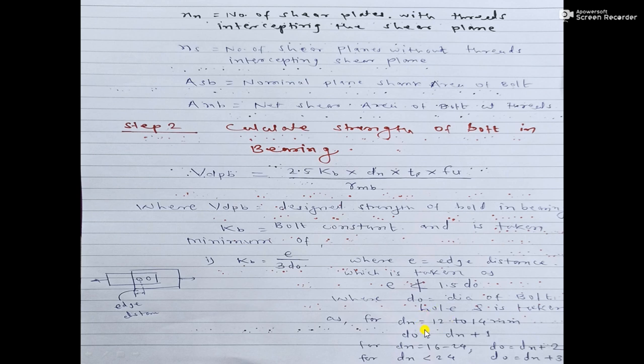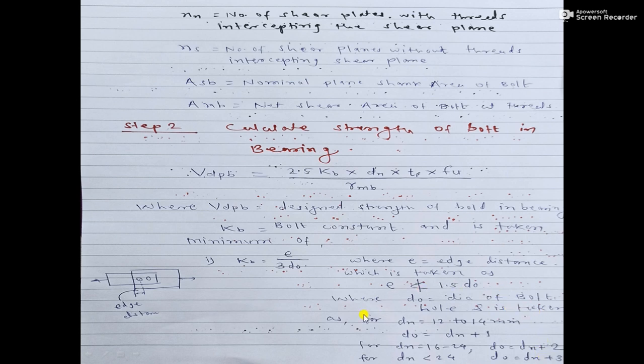Suppose the nominal diameter is given as 12, at that time the hole diameter or gross diameter is taken as dn plus 1, that is 12 plus 1, that is 13 mm is taken as D0. Then if the nominal diameter is given from 16 mm to 24 mm, the gross diameter is taken as dn plus 2, that is 16 plus 2, that is 18 mm. For dn greater than 24 mm, D0 is taken as dn plus 3.